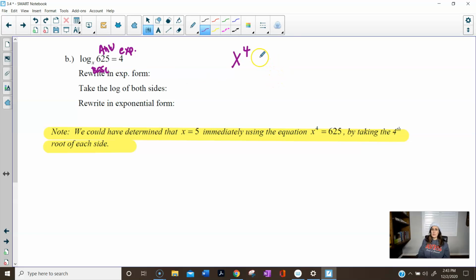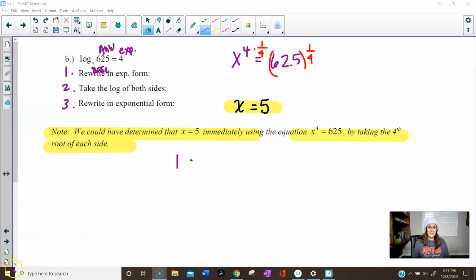So x to the 4th is equal to 625. And then how do you get rid of raised to the 4th power? You can take both sides to the 1/4 power. This is like the problem we did in class. Or you can take the 4th root, which is the same thing. So once I do that, I get x equals the 4th root of 625, and that's going to be your solution.